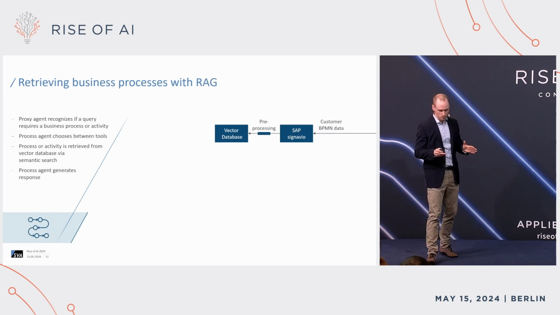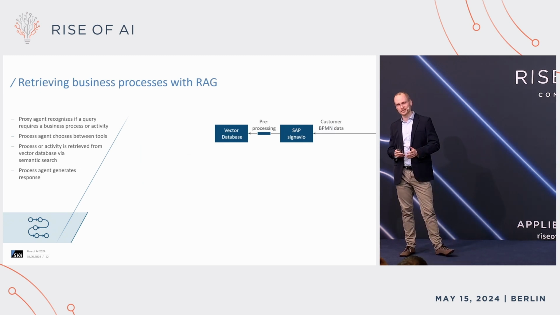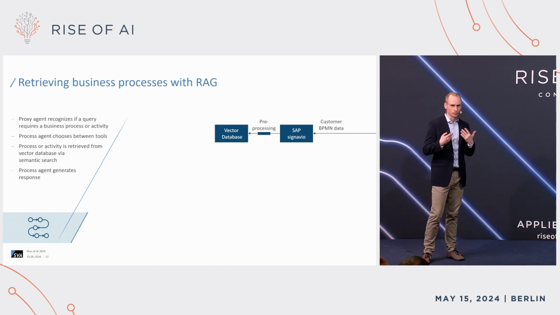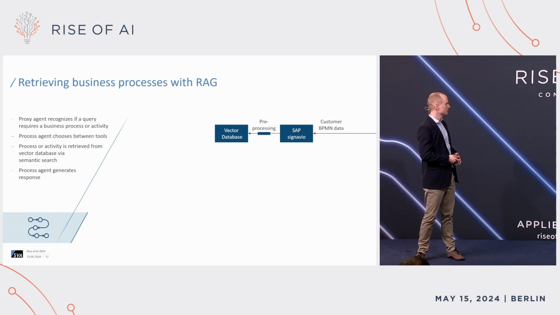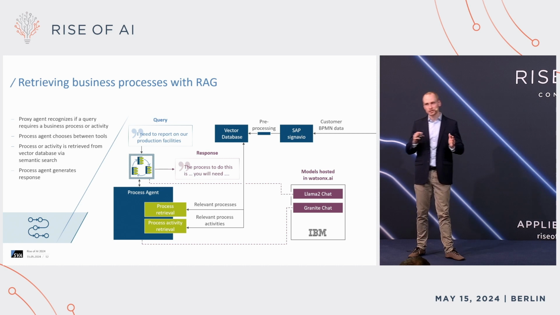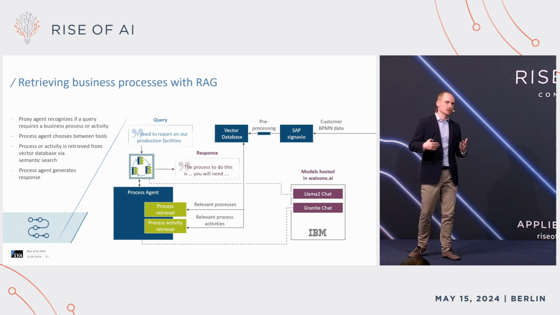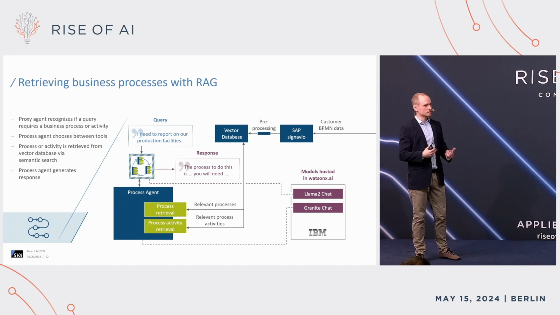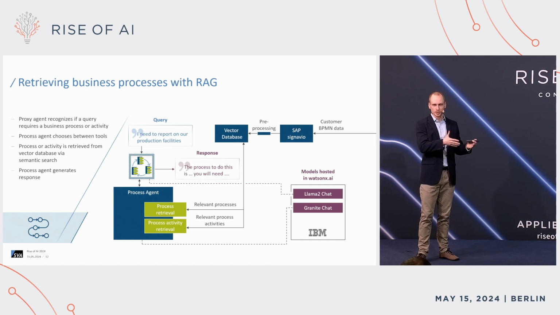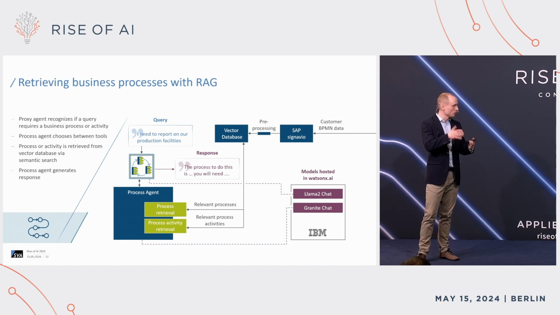Because once this pre-processing pipeline is set up, we can then actually do the productive stuff, which means we have our query, which then gets fed into our multi-agent framework, where you have many agents kind of arguing and discussing who needs to do what exactly, depending on the query.